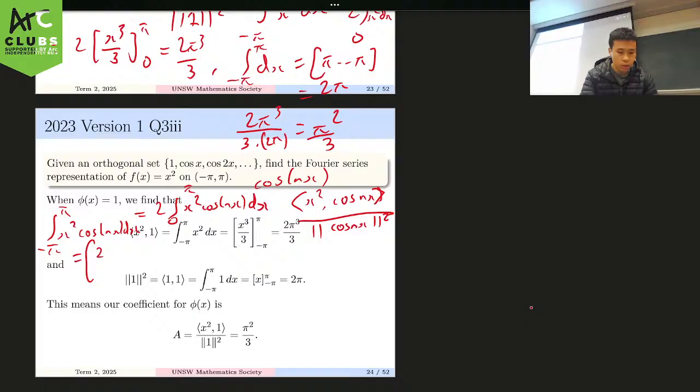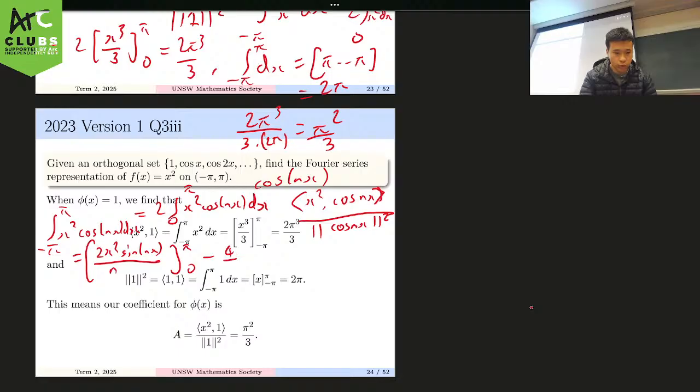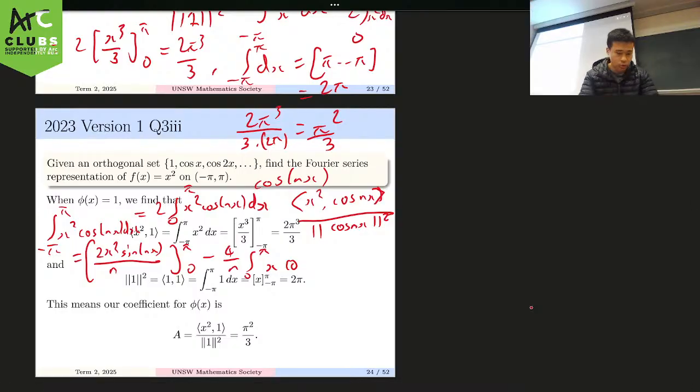So it's like 2x squared sine of nx over n, from 0 to pi, minus 4 over n, 0 to pi of, oh wait, no, you differentiate that. So it's like x, just like that, because I drag that 2 down when doing the power rule.